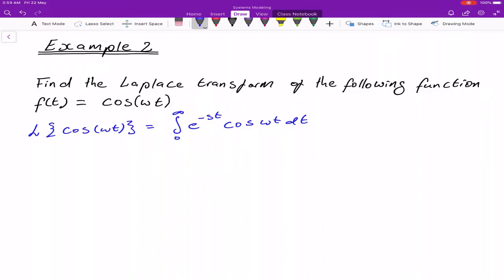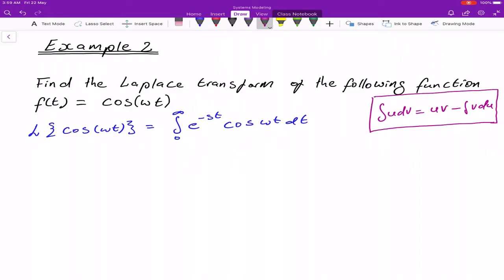Now, to solve this, we need to use integration by parts. And remember from calculus, integration by parts, what we want is the integral of u dv is equal to uv minus the integral v du. Okay, let me just put this in this box here.